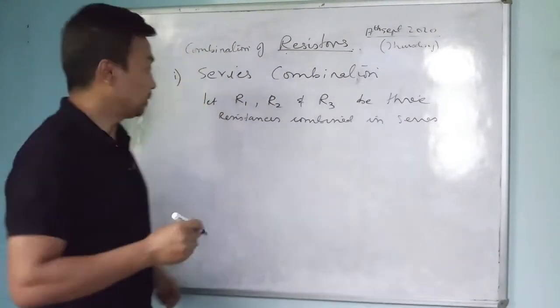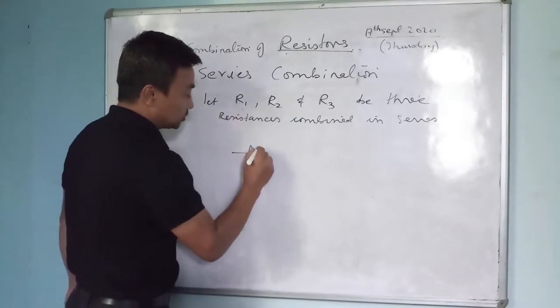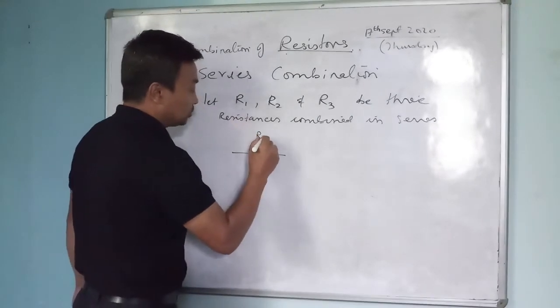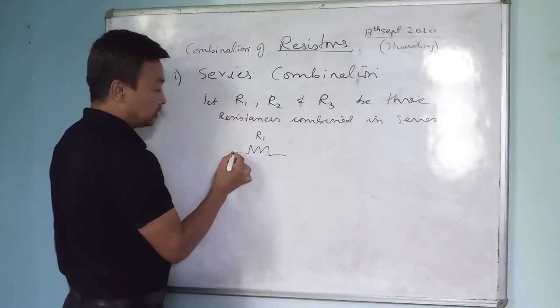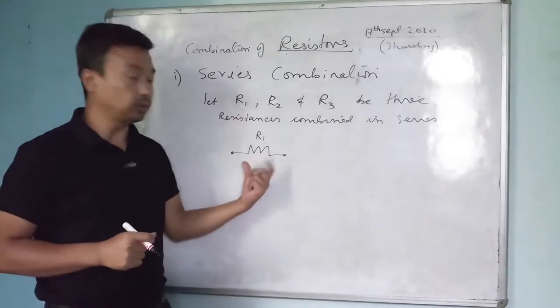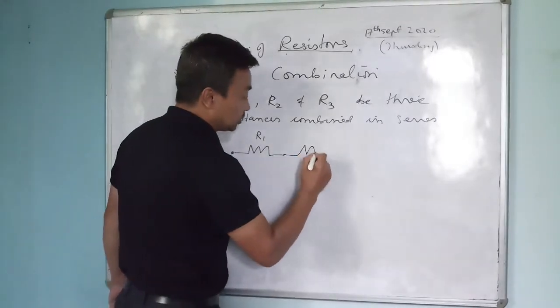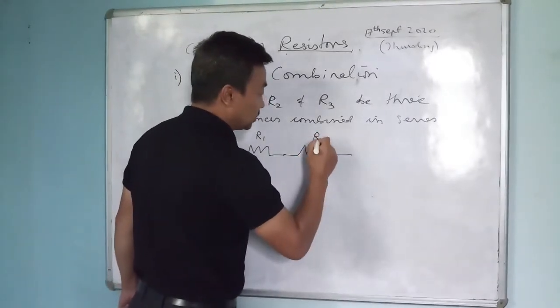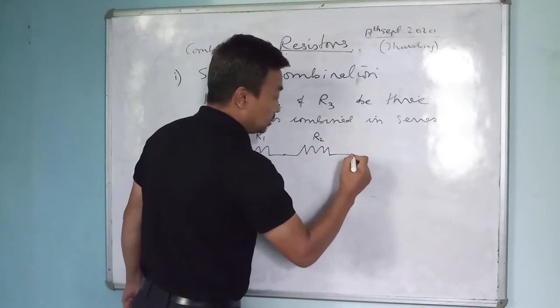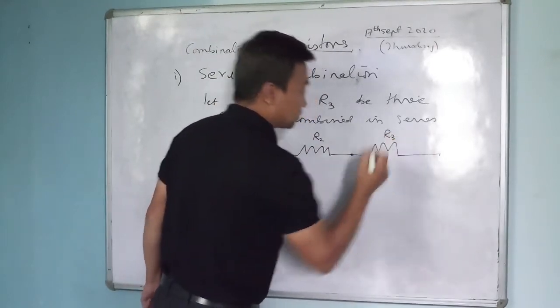Now, in a circuit we will take the first resistance. Suppose this is R1, this is one end of the resistor and this is the other end, so it has two ends. Then the other end is connected to another resistance, R2, which is connected to another resistance, R3.